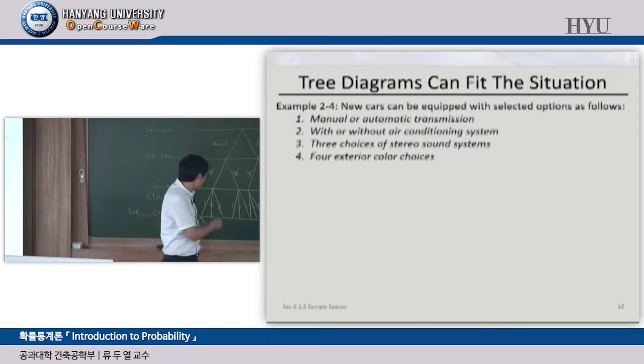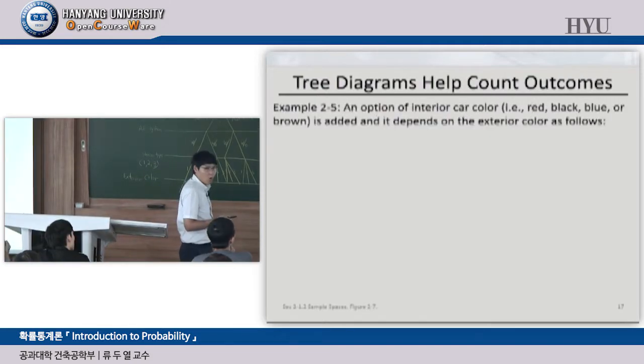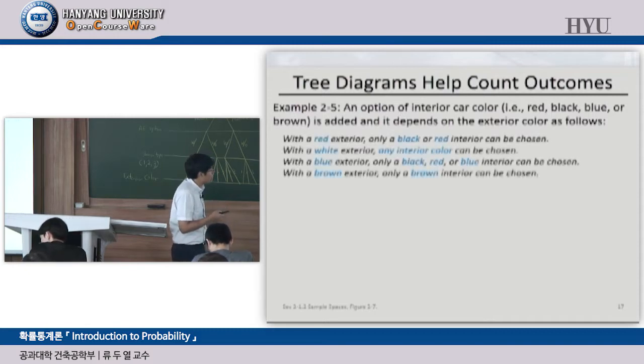And based on this tree diagram, we can also add one more option, which is that of the interior color: black, blue, brown, is added. And it depends on the exterior color as follows.